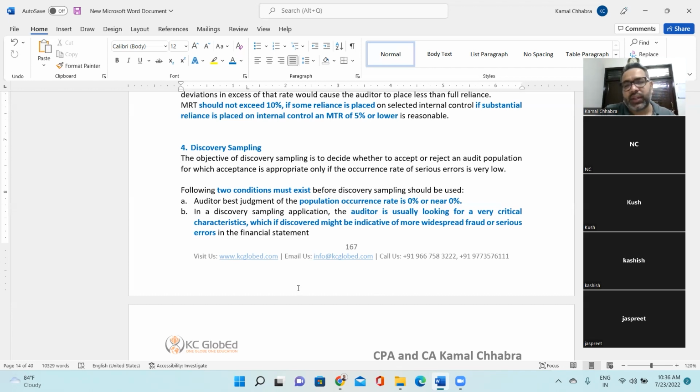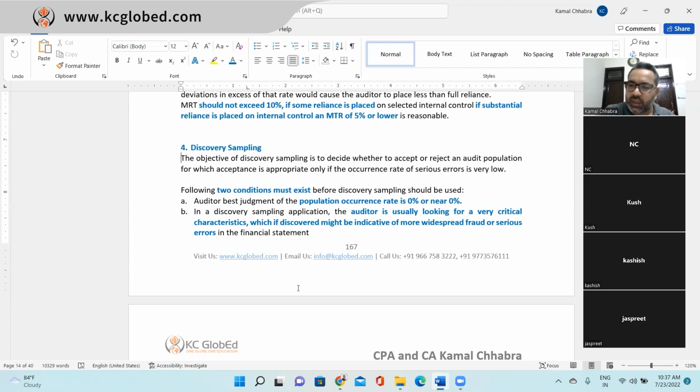So you do the reconciliation of the items in the tool and the value coming in the respective journal ledgers. If those tie, then you will be accepting it. If those don't tie, then you might be rejecting it, right? So discovery sampling is something like this. Whether you are accepting the entire population or rejecting the entire population for a certain reason.